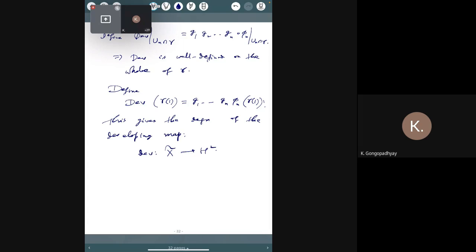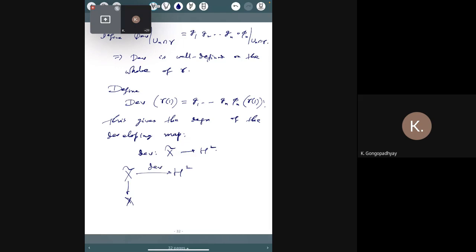Okay. Now, as soon as you have a surface X, then you have a universal cover X tilde. Then what happened is that you have the definition of the developing map from X tilde to H2.